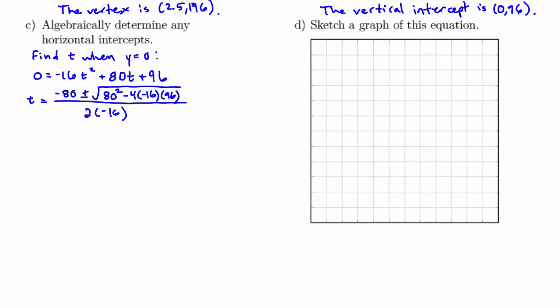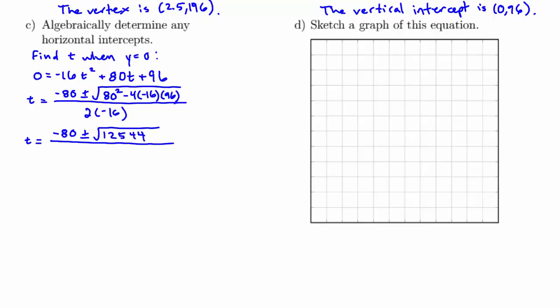Simplifying this, I'm going to first simplify what's inside that square root. So this will be t equal to negative 80 plus or minus the square root, and that entire expression inside the square root, 80 squared minus 4 times negative 16 times 96, simplifies to 12,544.